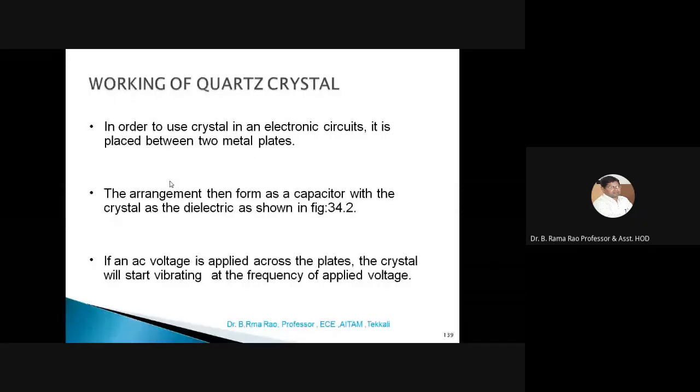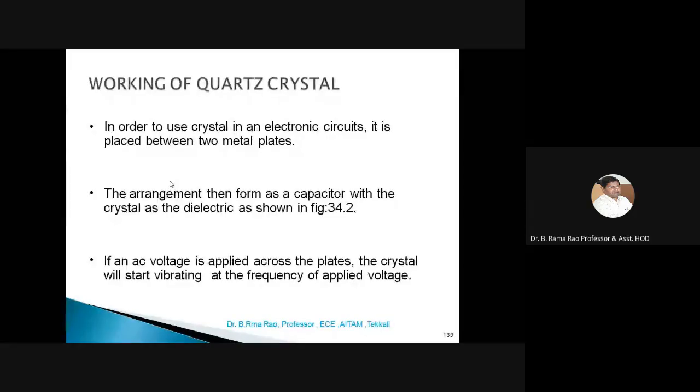Generally, this is a ground wafer of transparent quartz material or tourmaline stone or Rochelle salt material. Any of these is placed between two metal plates and housed in a stamp-size package.